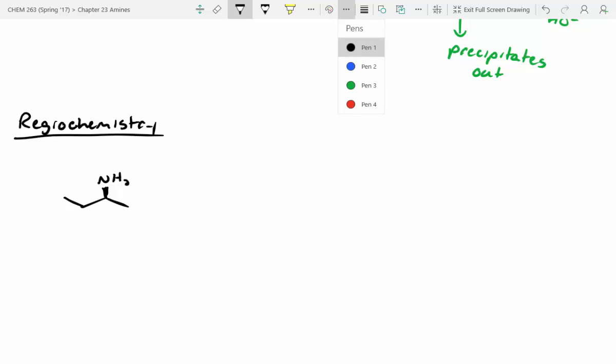What would this amine be called? 2-butanamine. Okay, so number it. We go 1, 2, 3, 4. Is it an R or an S? S. So this would be S-2-butanamine. Okay, so that's our starting material.